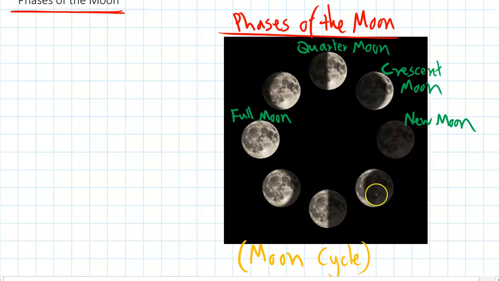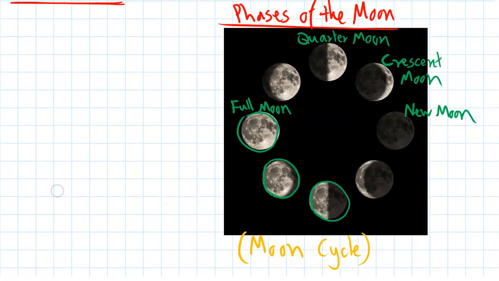So it goes back to a crescent moon, back to a quarter moon, here, back to somewhere in between, and then we get a full moon again. And we're back to the start of the cycle. So remember that the phases of the moon, they're just a change in how much of the moon we can see every month.